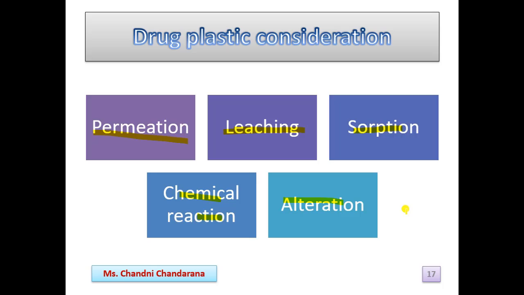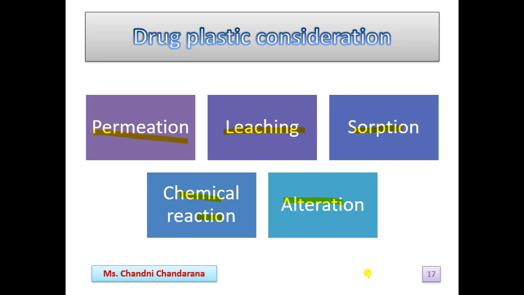For example, oils have a softening effect on polyethylene hydrocarbon or polyvinyl chloride. So we have to choose the plastic material with care as per the properties of our drug substance. It is very important to avoid drug plastic interaction.